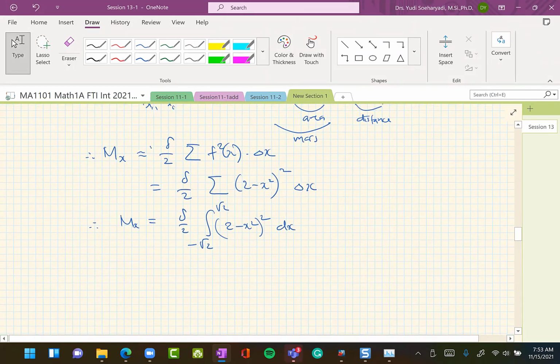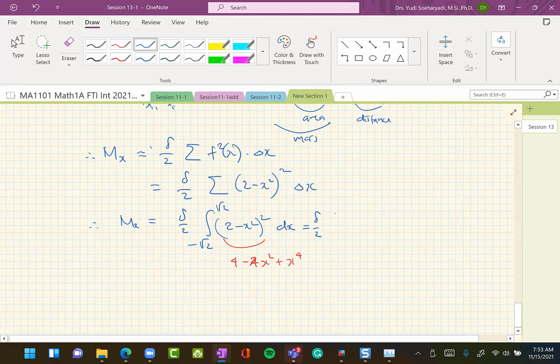If we compute that quickly, we get 4 minus 4x squared plus x to the fourth.